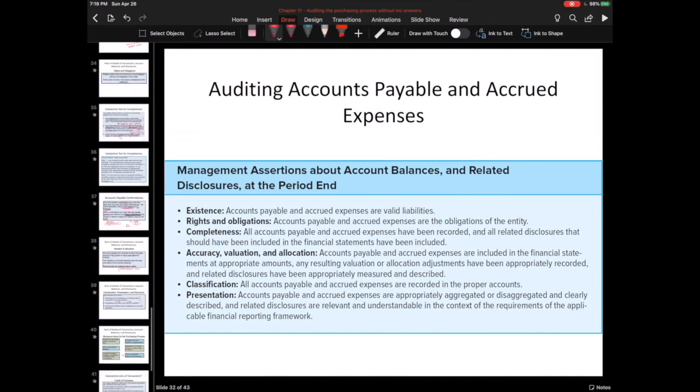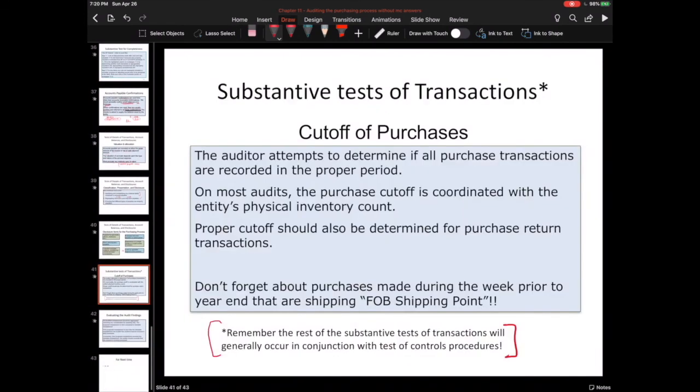But we also have all the substantive procedures over class of transactions for purchases. However, basically all of those will be tested in conjunction with test of controls apart from cutoff, right? And this is exactly the same as what we talked about happens with the revenues process, right?